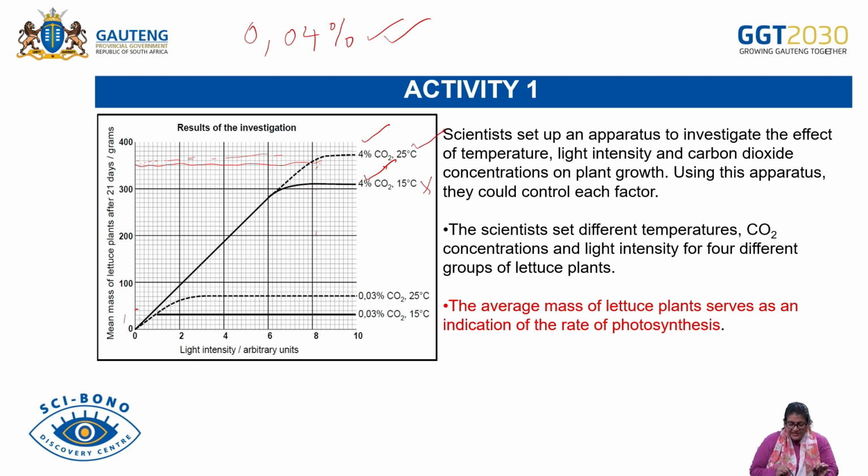So that's the highest point of mass, highest rate of photosynthesis, because the CO2 level was correct, the temperature was correct, it was the optimum light intensity of 8 units. That means the optimum light intensity is going to be 8 and not here. Okay, it's not going to be here by 6.5. The highest is going to be at 8, because that's the highest mass of lettuce.